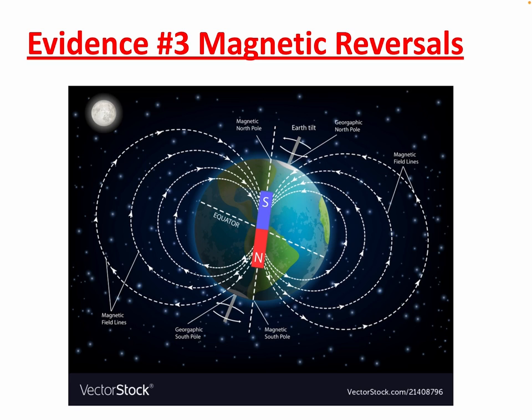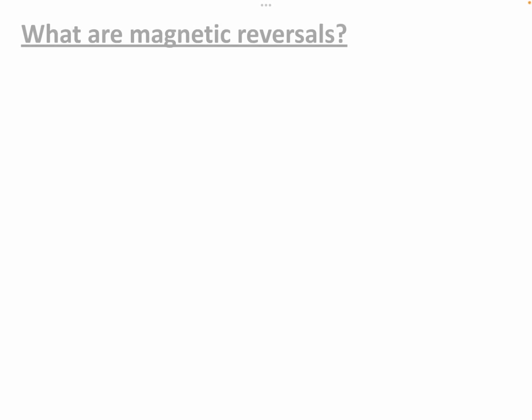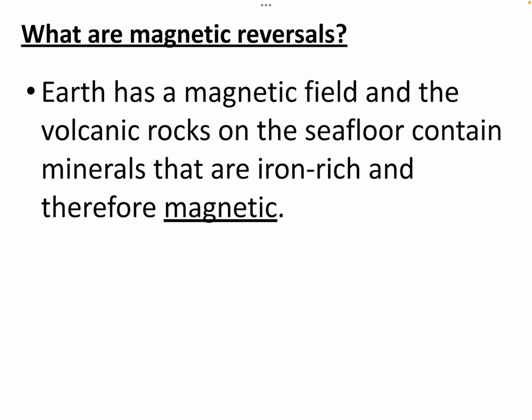Okay? And when magma cools, it can record those little pieces of iron pointing a certain way, either towards the North Pole or towards the South Pole. And when that magma gets collected, it records which direction the pole is. So the Earth has a magnetic field, and the volcanic rocks on the ocean floor have iron in them, and they're magnetic.